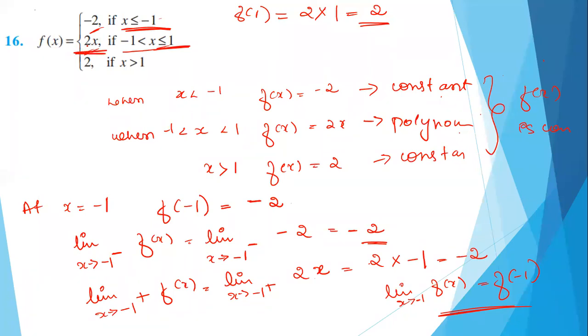At x equal to 1, the function is 2x. What will be the right hand limit? Yes, good Purnima. So the right hand limit also you get as 2 and the left hand limit also you will get as 2. So it is continuous.